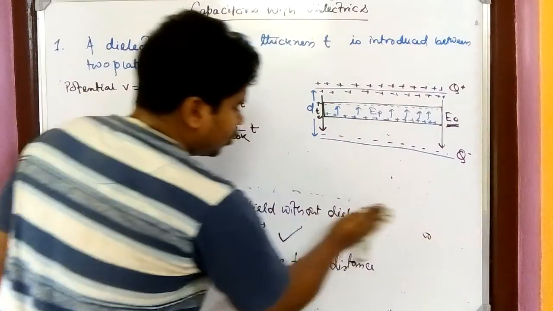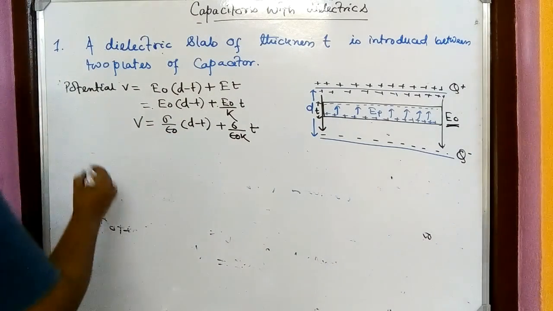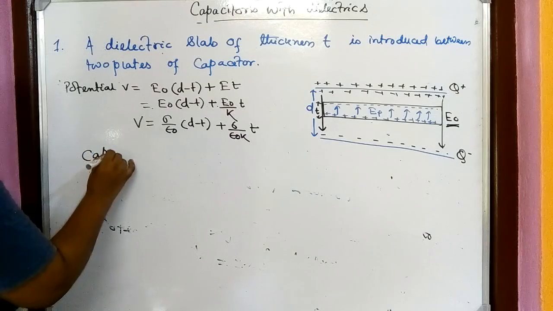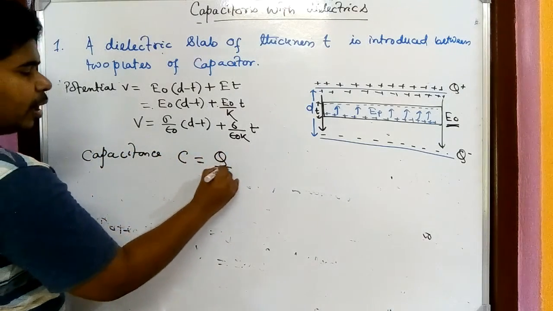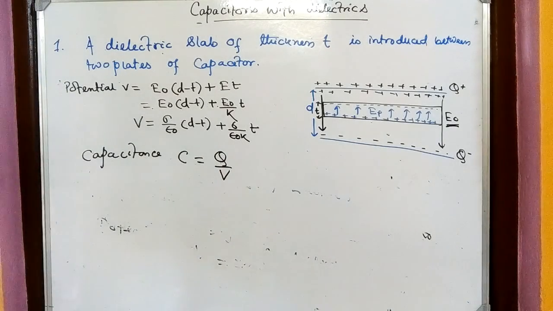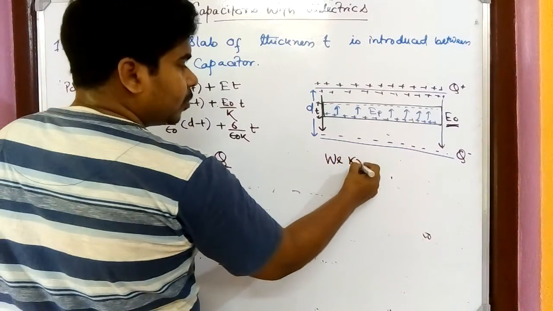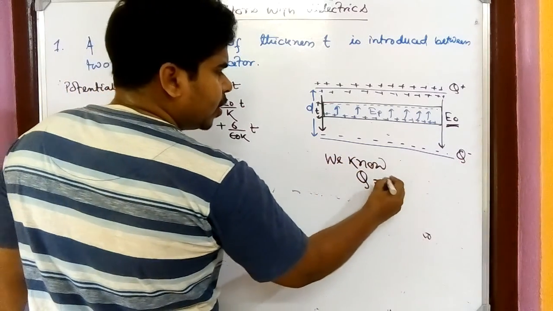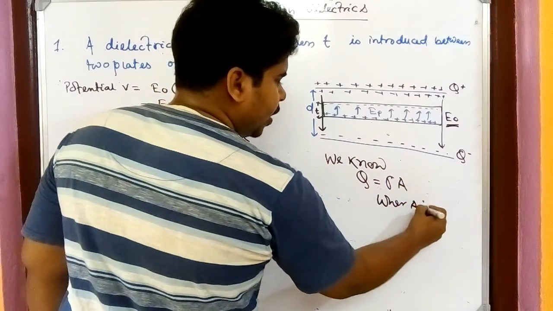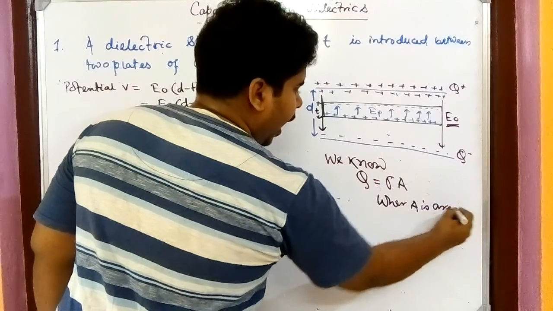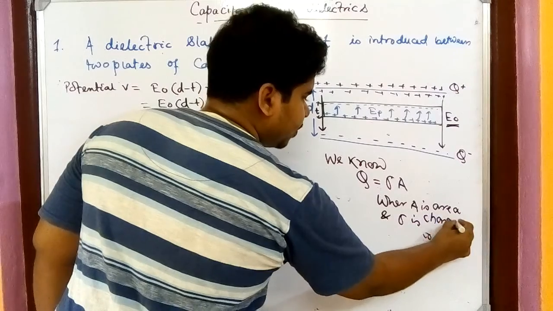And we know capacitance C equals Q by V. Okay, so here what is Q? We know Q equals sigma into A, where A is area and sigma is charge density.